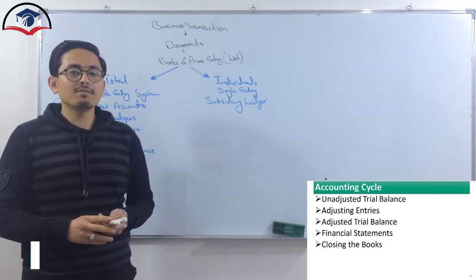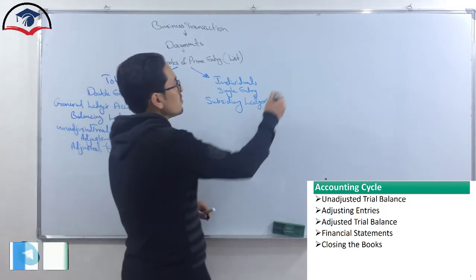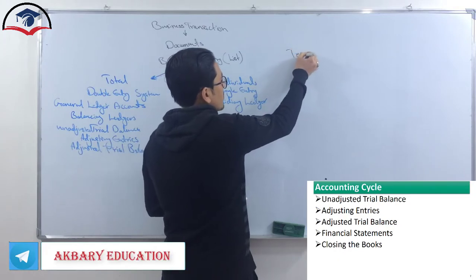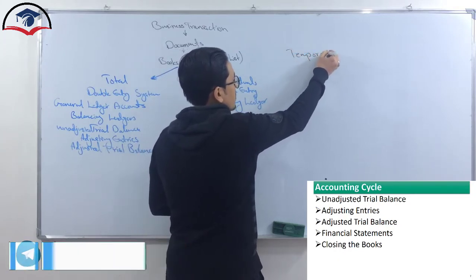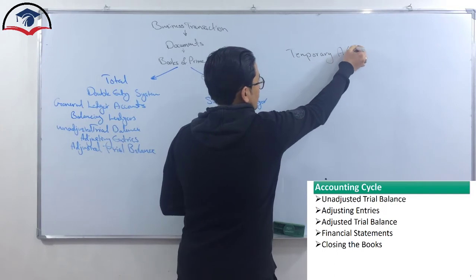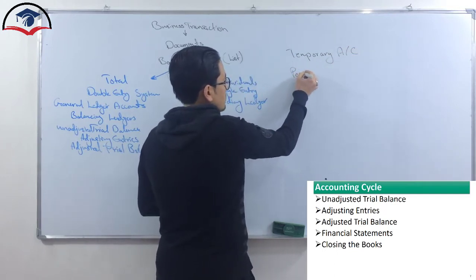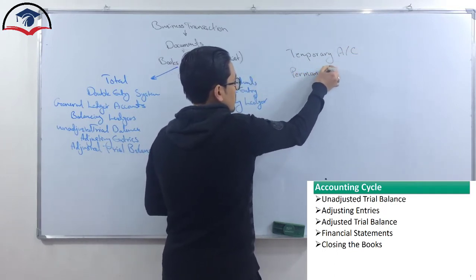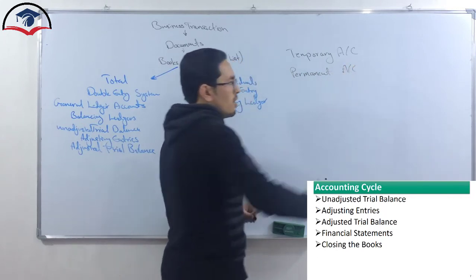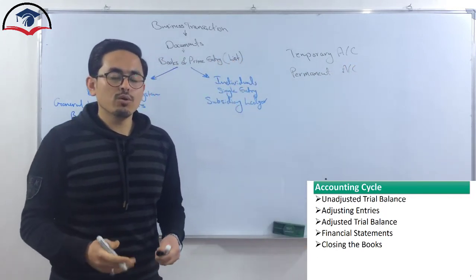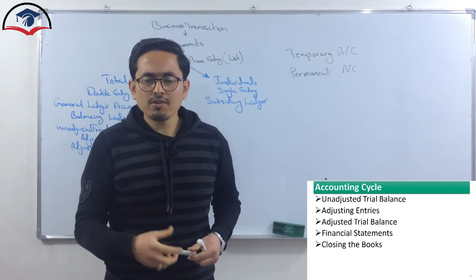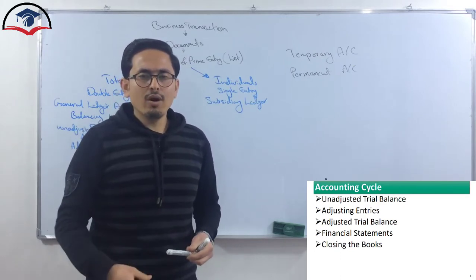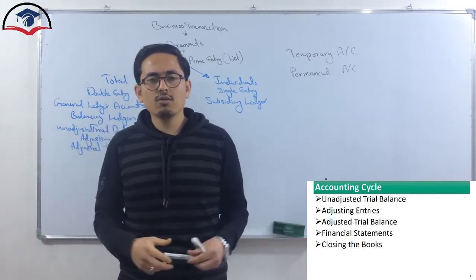We have two types of accounts: one is called temporary accounts, and one is permanent. Temporary accounts are the accounts which need to be closed at the end of the year. Suppose you have some expenditures. It started at $1 and reached $100,000.